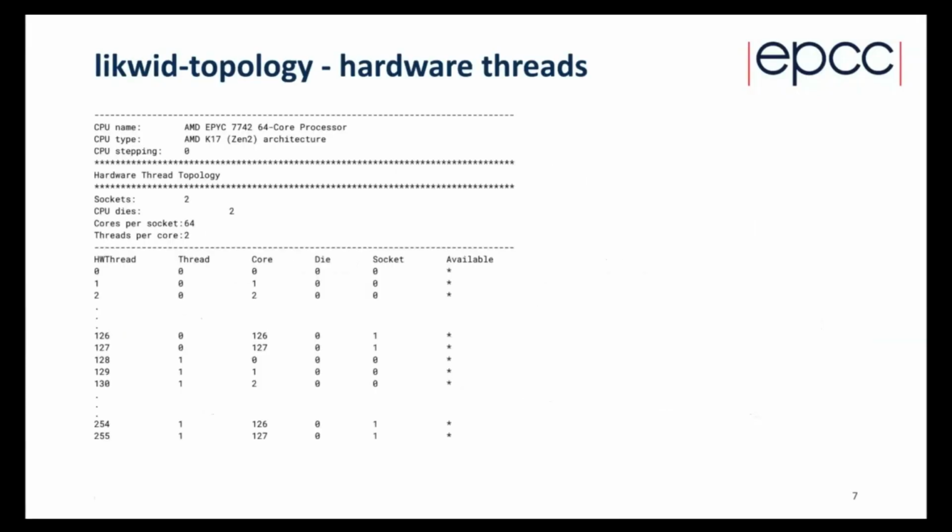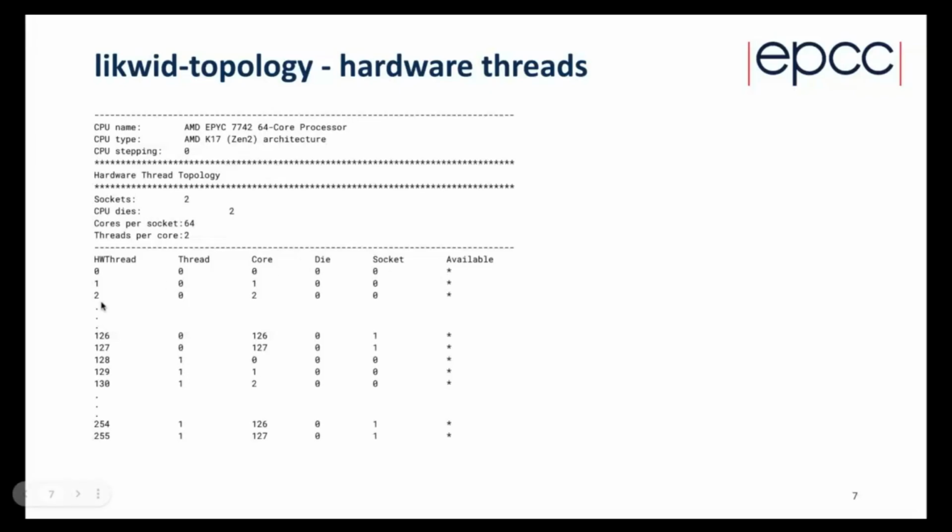We can use the LIKWID topology command to interrogate the hardware architecture. One of the things it tells us is the hardware threads that are available for any given application to use. So you can see it's recognized the architecture, and it's shown us the hardware threads, the physical cores, the corresponding die and socket, essentially the same thing, and those hardware threads which are available.